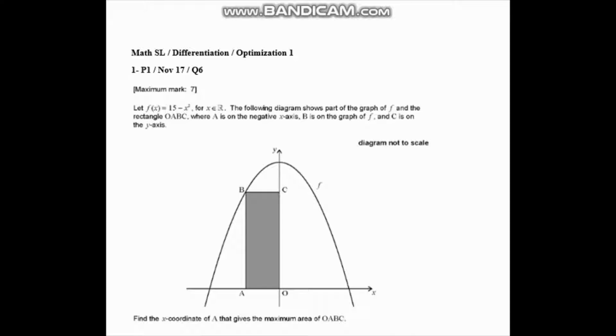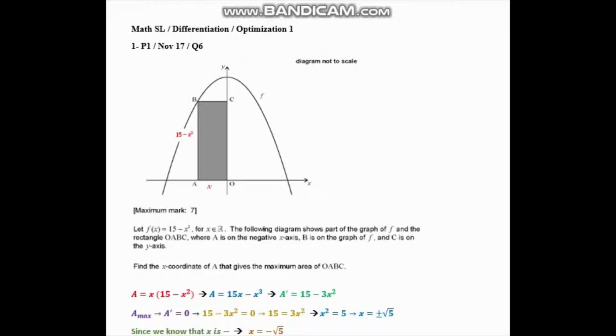So the first question that we shall tackle came in paper 1, November 2017, question number 6. Kindly take a minute to attempt to solve, and the answer shall follow through shortly. So we are given that f of x equals 15 minus x squared.